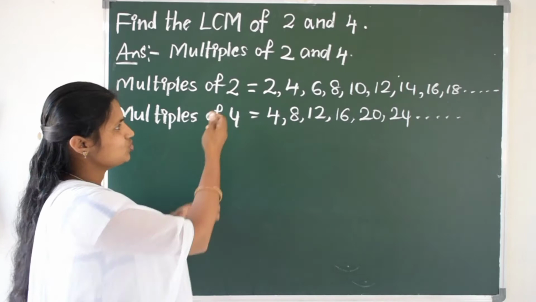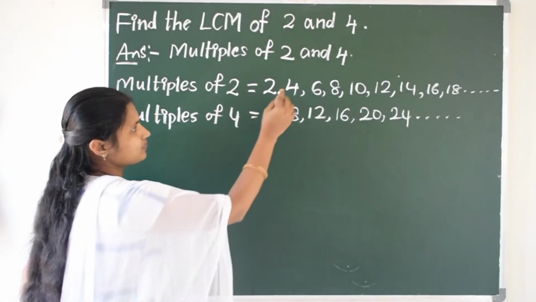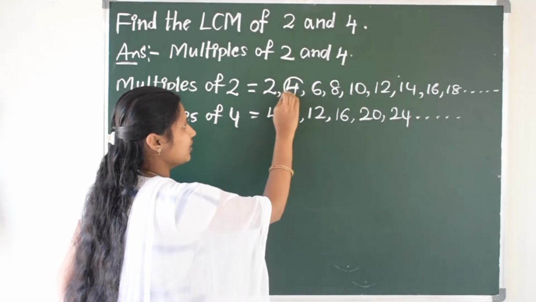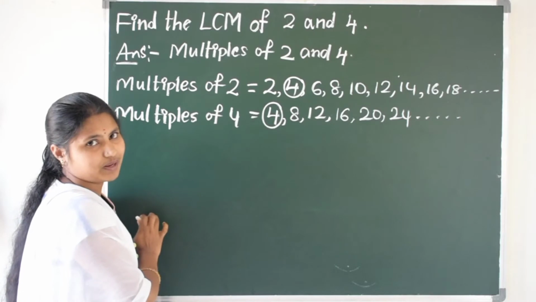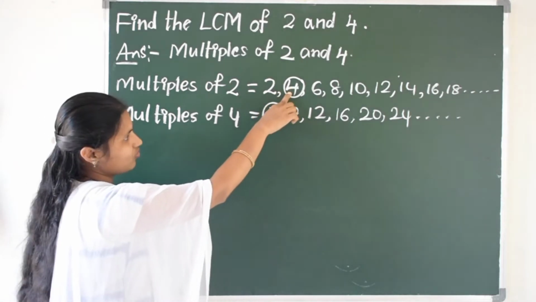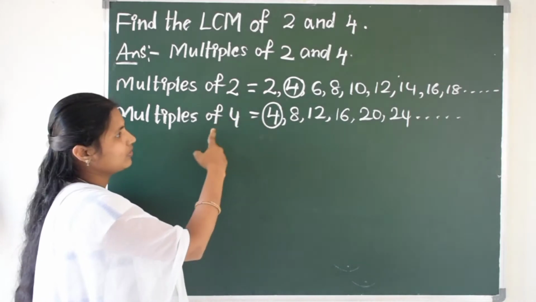Okay, from these two sets of multiples write down the common multiples. What are the common multiples here? Common multiples are when two or more numbers have the same numbers. See here, 4 and 4. 4 is a multiple of 2 and 4 is a multiple of 4.